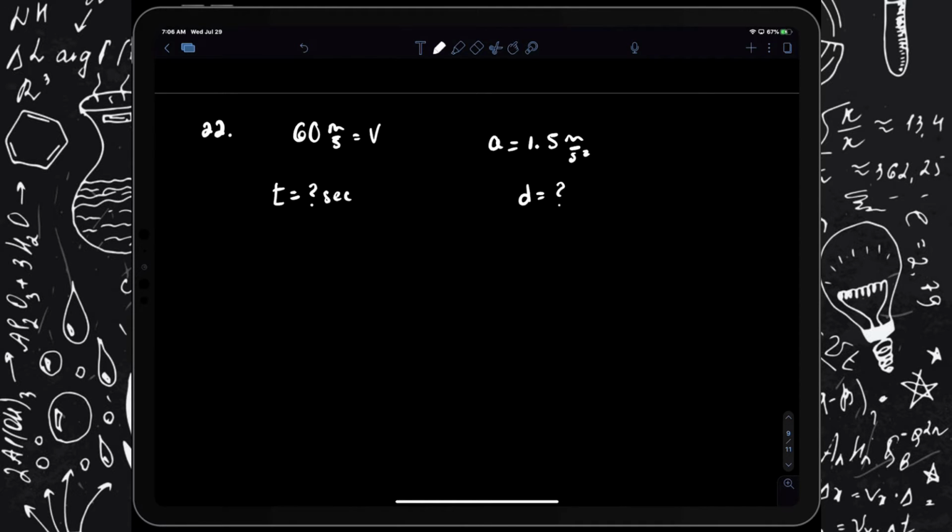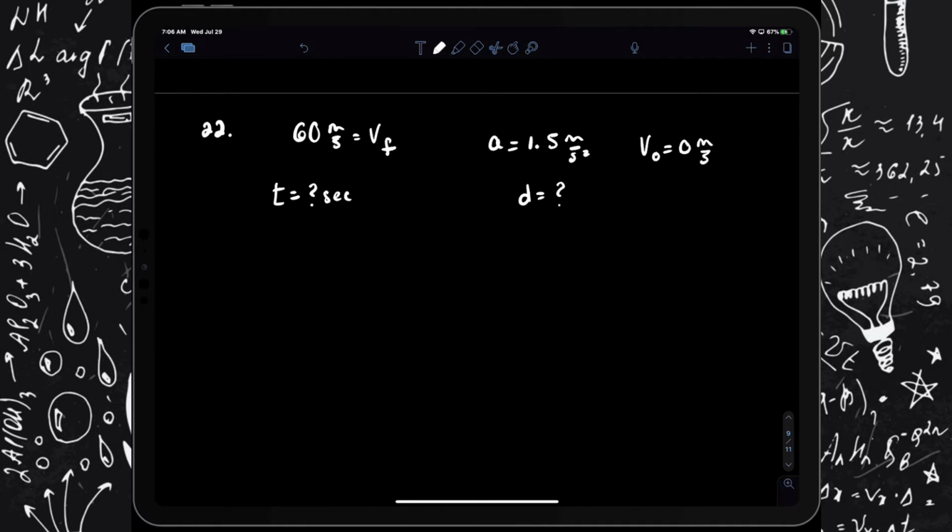All right, we have a little bit of interpretation here. You're in an airplane and you're going to take off. What we have to interpret, the takeoff velocity is the final velocity on that runway. So what would be the original velocity if you're on that runway? Well, aren't you at rest?